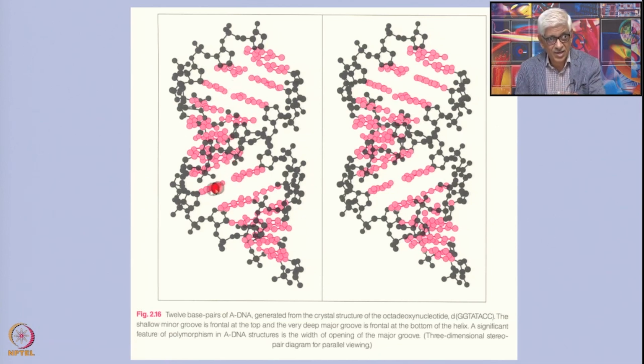In this half they are tilted like this, in the top half they are tilted like this, and the fiber diffraction data had shown one complete turn of the DNA. So, what is the complete turn? You go from here to here like this, and then you come to the beginning, and that is one complete turn. The fiber diffraction data had said that there can be approximately 10 base pairs in a particular segment.